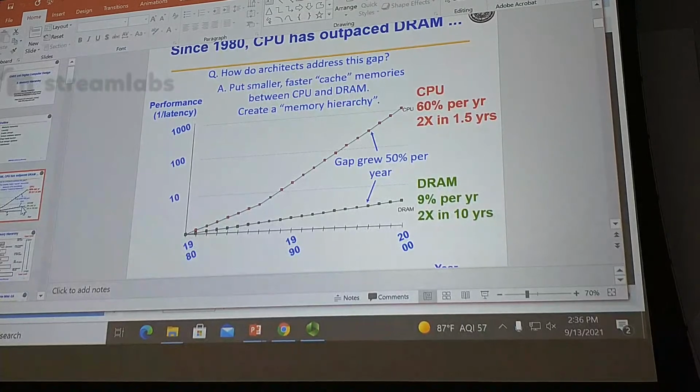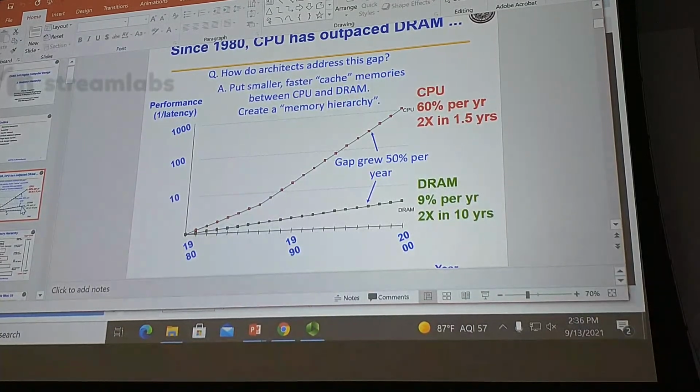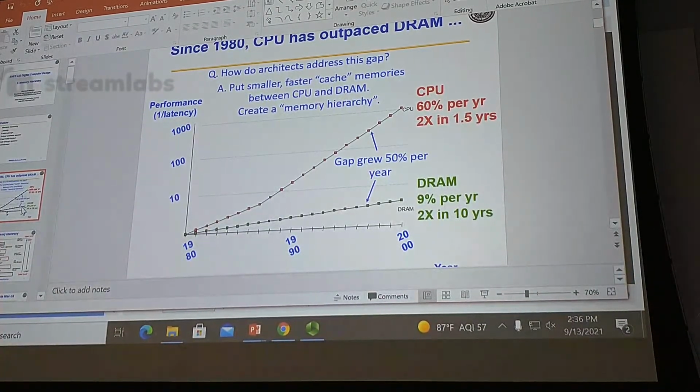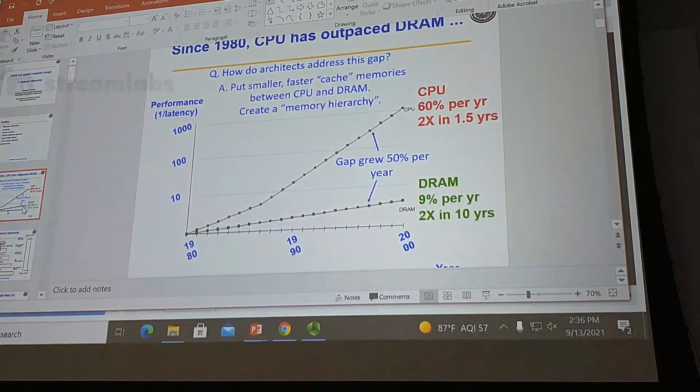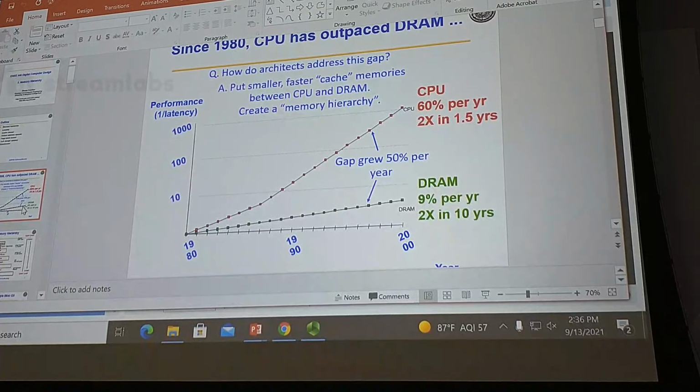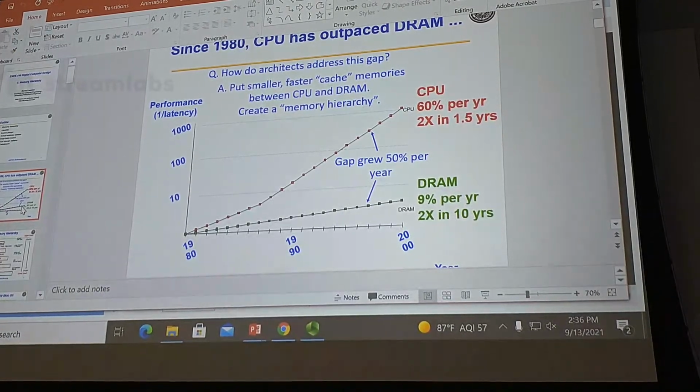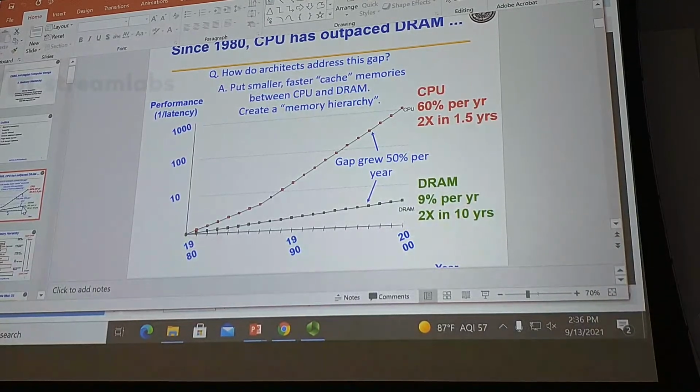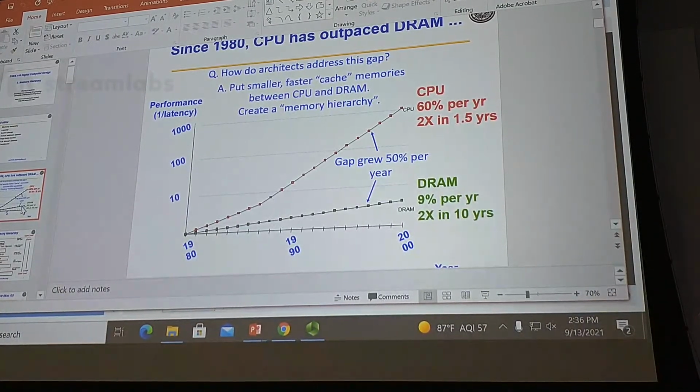And all of the data processing is happening here, all of the data storage is happening there, which means anything you want to do on data, you have to bring the data to the processor, do some processing, and then write it back. So, and this is really a bottleneck.